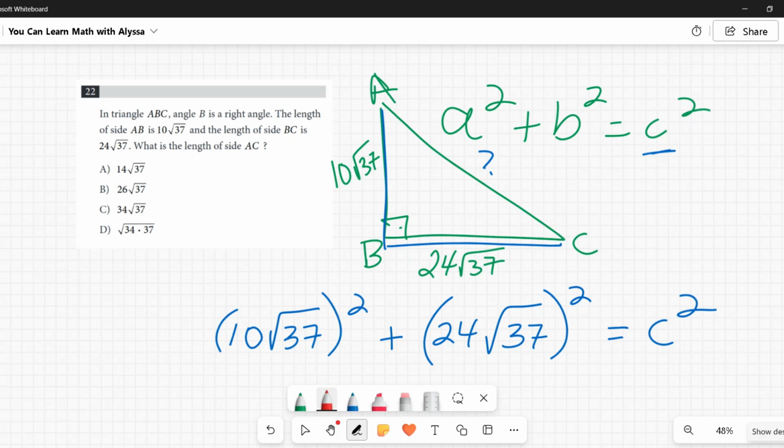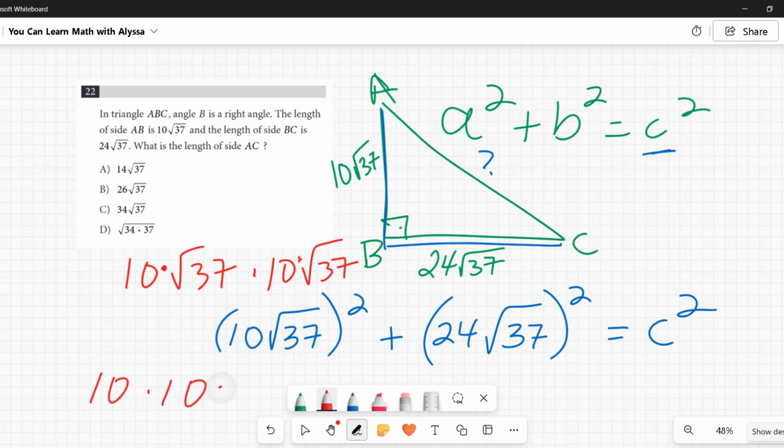So when I square 10 times the square root of 37 first, since that is 10 times the square root of 37 times itself, 10 times the square root of 37, since these are both times, I can reorder things. That's called the commutative property of multiplication. So when we reorder them, we would get 10 times 10, I'm putting those two together, times square root of 37 times square root of 37.